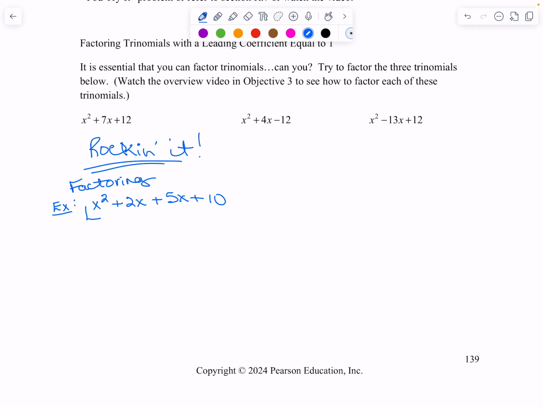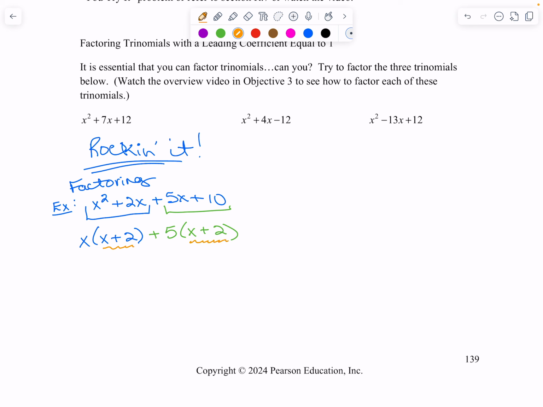So I'm going to take the first 2 terms and factor out anything I can. I'm going to factor out an x, so I've got x plus 2 left over. And then the second group looks like a 5 is in common, so I'm going to factor out a 5, and I will also have x plus 2. Do you notice that you have 2 x plus 2's?